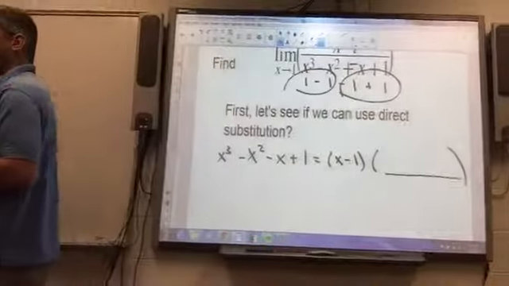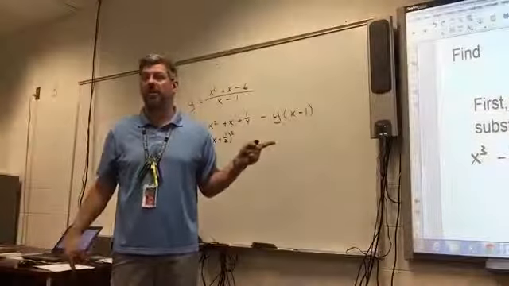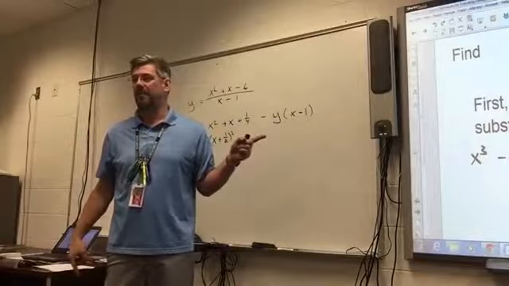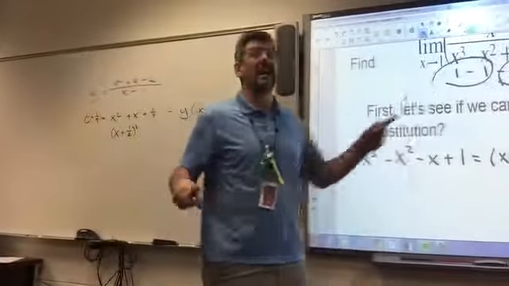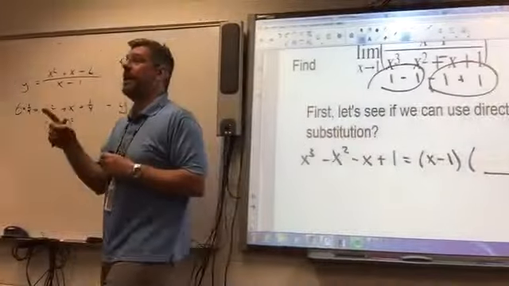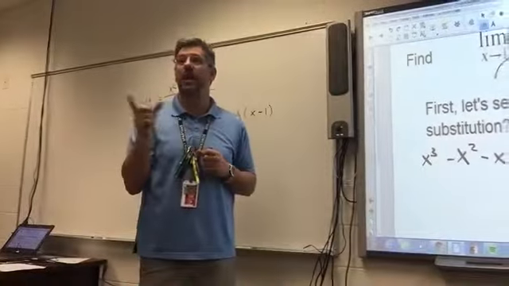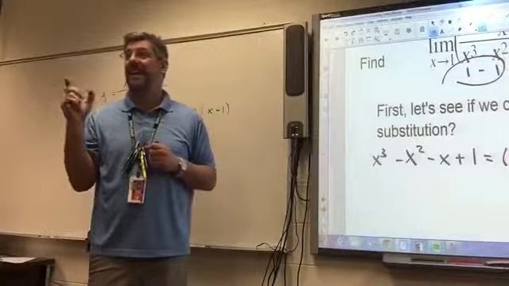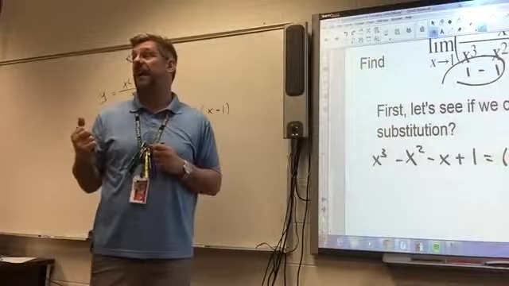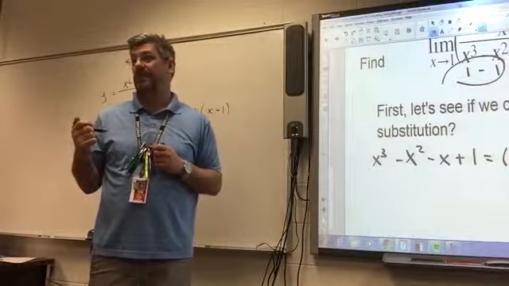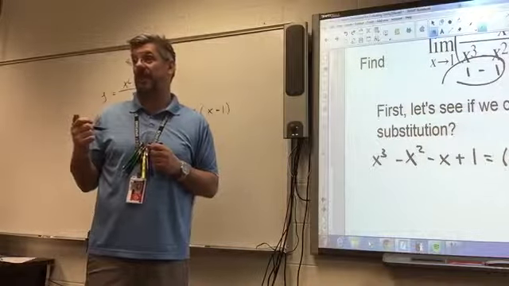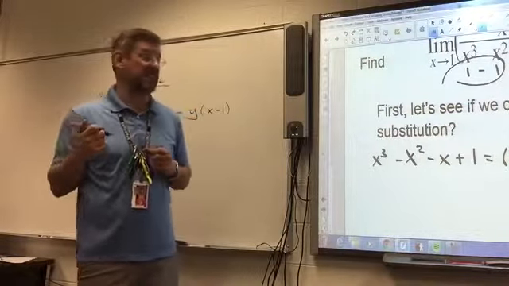I don't know. Who remembers the remainder theorem? Remember, if x equals 1 produces 0 in a polynomial, that means x minus 1 is a factor. It's all connected, right? Everything's connected.